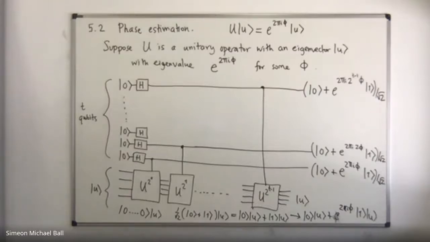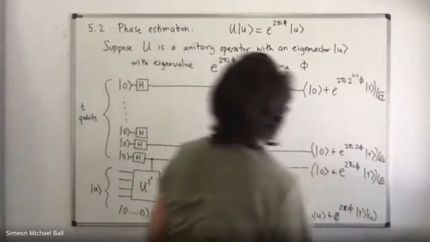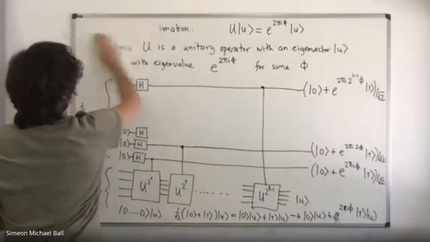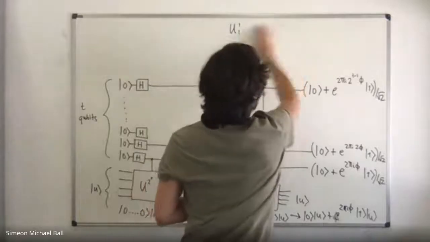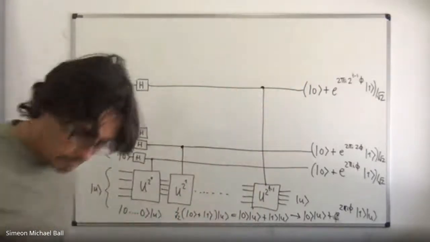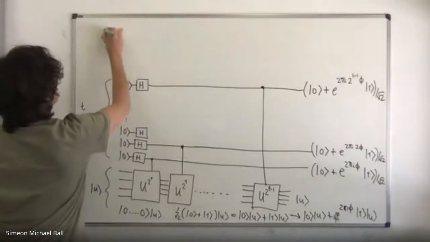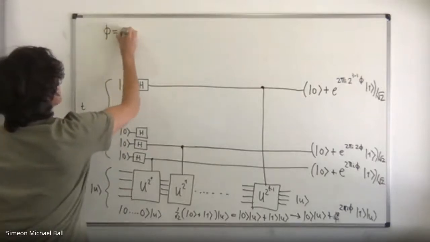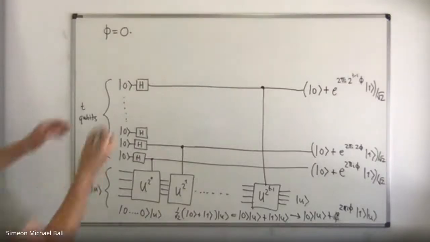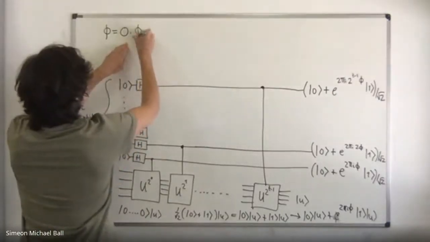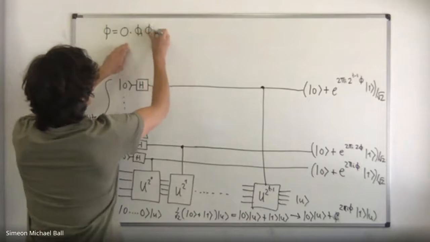So let's suppose we know that the expansion for this is 0.501, 502.